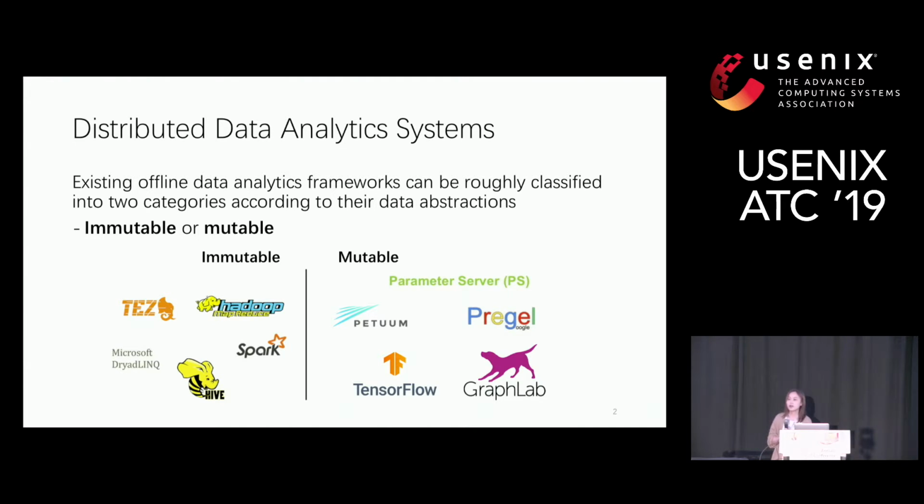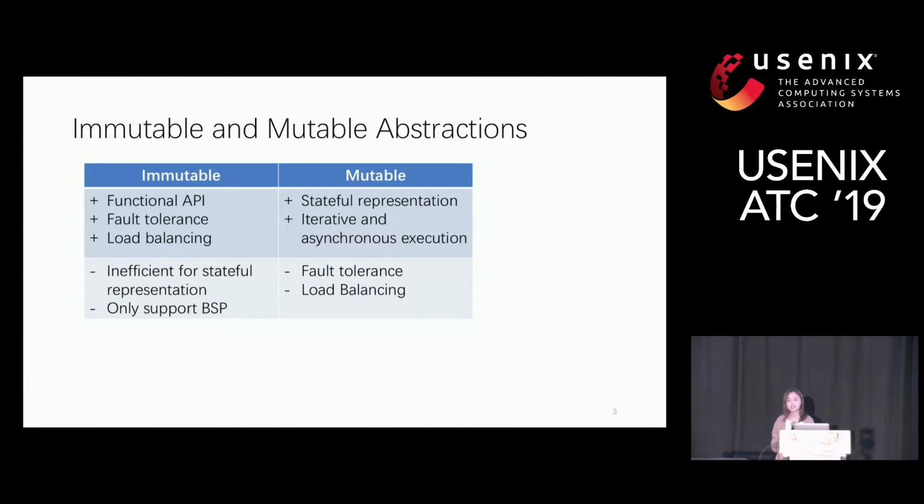In contrast, machine learning systems and graph analytics systems usually adopt the mutable data abstraction, and let's call them mutable systems. Immutable systems usually provide better support for failure recovery and load balancing, while mutable systems are more efficient for iterative workloads because of their support for in-place state updates and asynchronous execution.